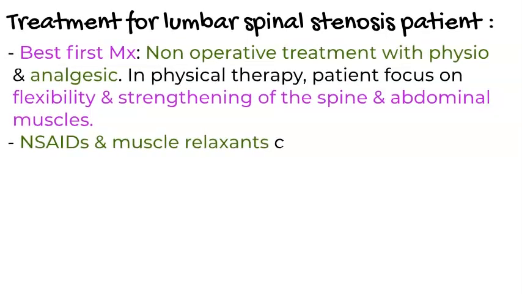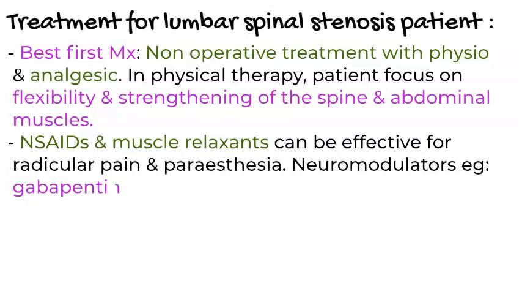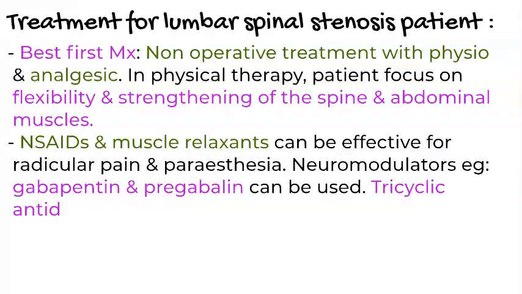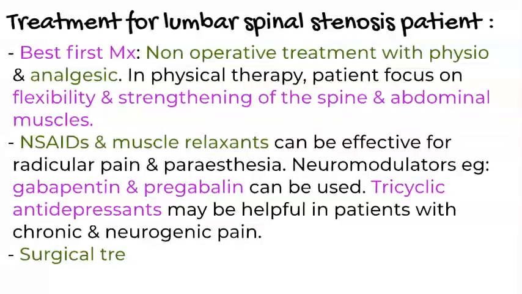NSAIDs, non-steroidal anti-inflammatory drugs, and muscle relaxant can be effective for radicular pain and paresthesia. Neuromodulators, for example gabapentin and pregabalin, can also be used. Tricyclic antidepressant may be helpful in patients with chronic and neurogenic pain.